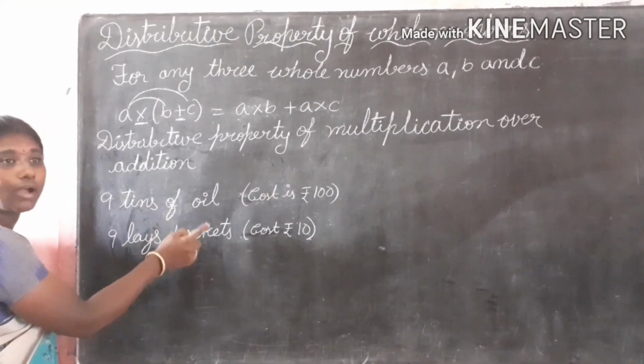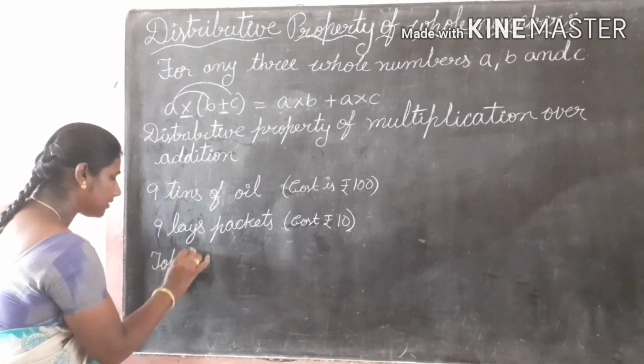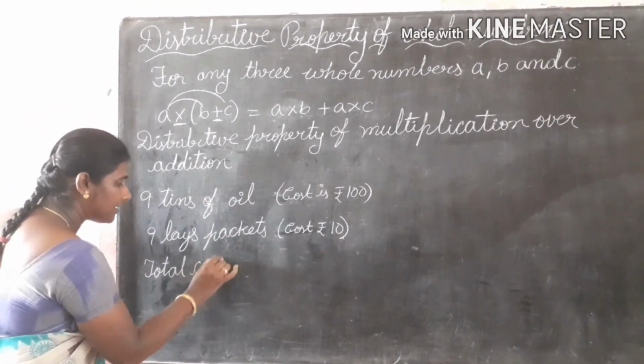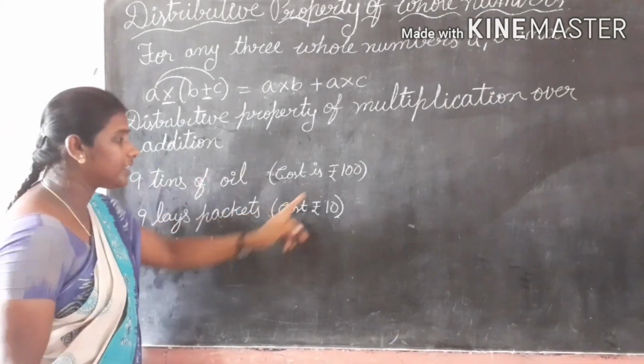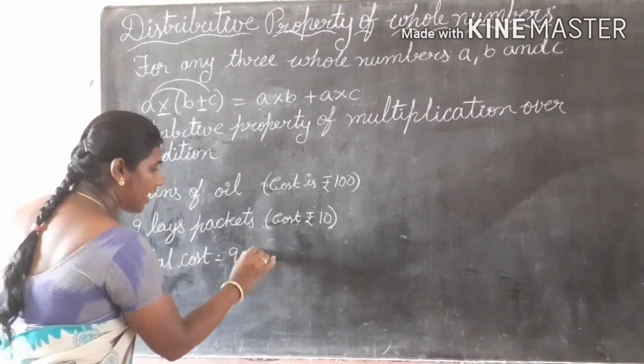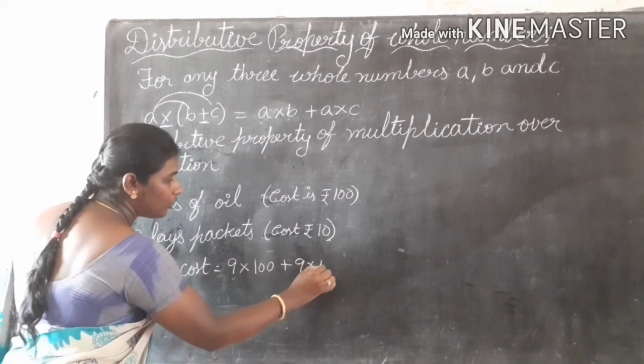Now we have to find the total cost of these two. Here 9 tins of oil, each one costs 100 rupees: 9 into 100. Here 9 Lay's packets: 9 into 10.